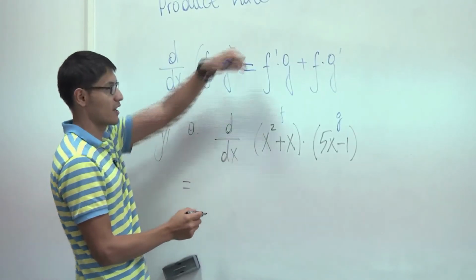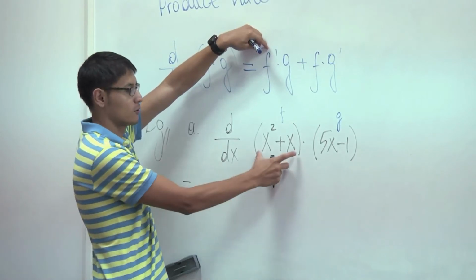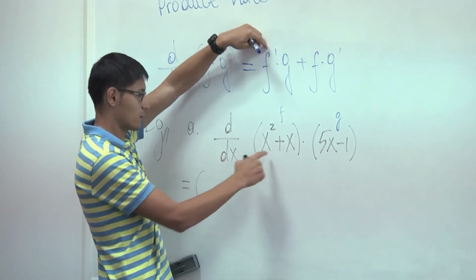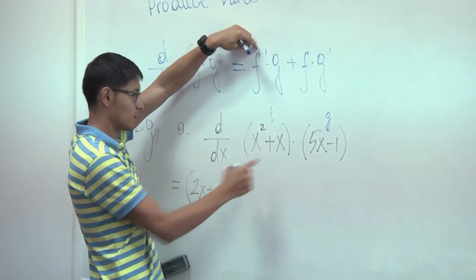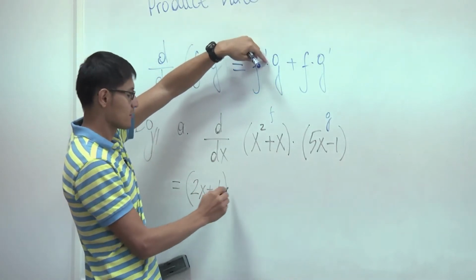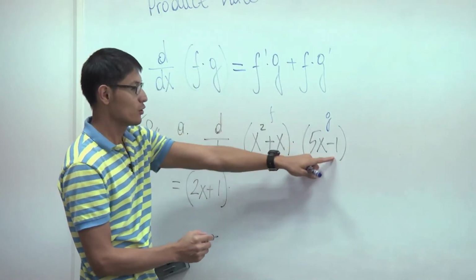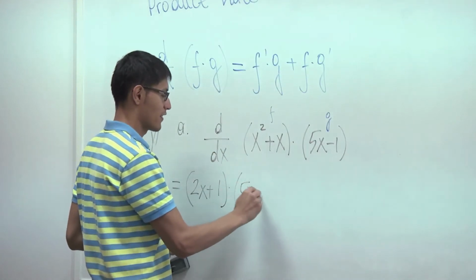So what does the formula say? First, you need to take the derivative of f, f prime. So differentiate this. Well, what's the derivative? X squared becomes 2x, and x becomes 1. Times g. You don't have to do anything to g, you just copy g. So times 5x minus 1.